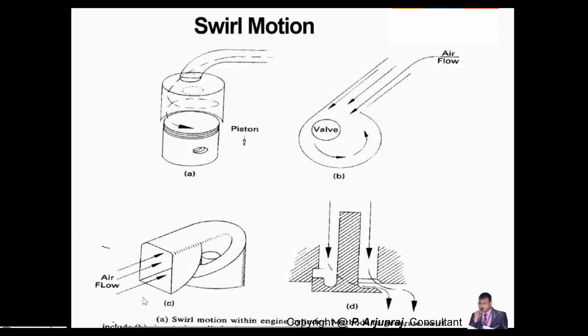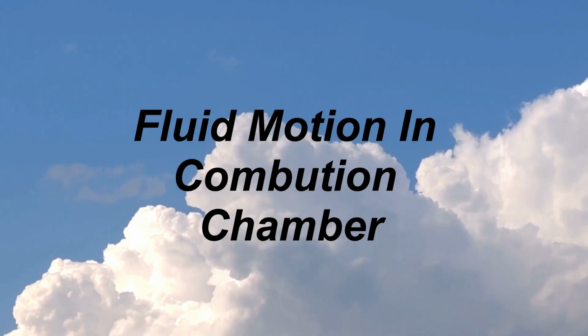This is the airflow which is entering into the intake manifold or the intake runner, and it is also entering the control valve. Based on this, you are going to get a swirl motion for your configuration.